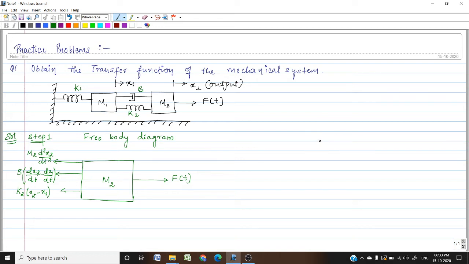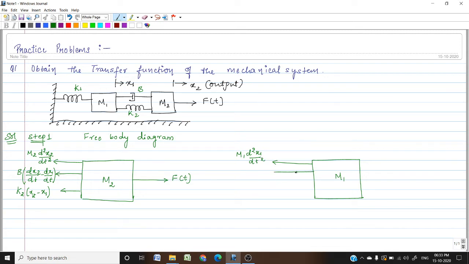Similarly, we'll draw the free body diagram for mass M1. Now here, all the forces will act in the opposite direction only. So I'll write, first force is due to the mass itself, which is m1 d square x1 by dt square.